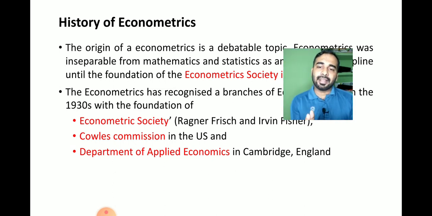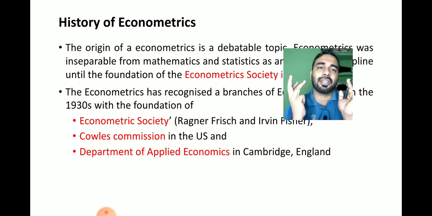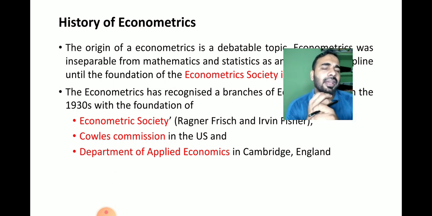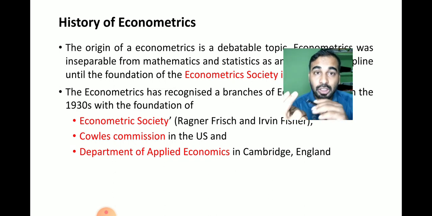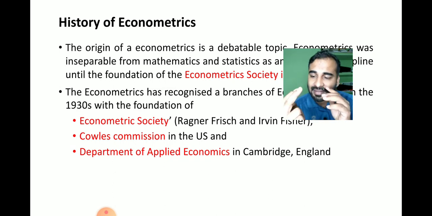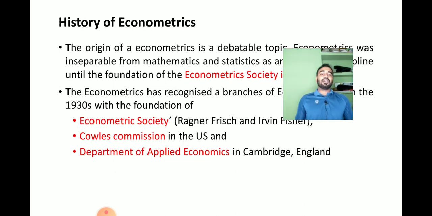Who are they? The first one, as I said, is the Econometric Society. The most crucial role was played by the Econometric Society, which was established in 1931 by Ragnar Frisch and Irving Fisher. The second one is the Cowles Commission in the United States. And the third is the Department of Applied Economics, Cambridge University, England.